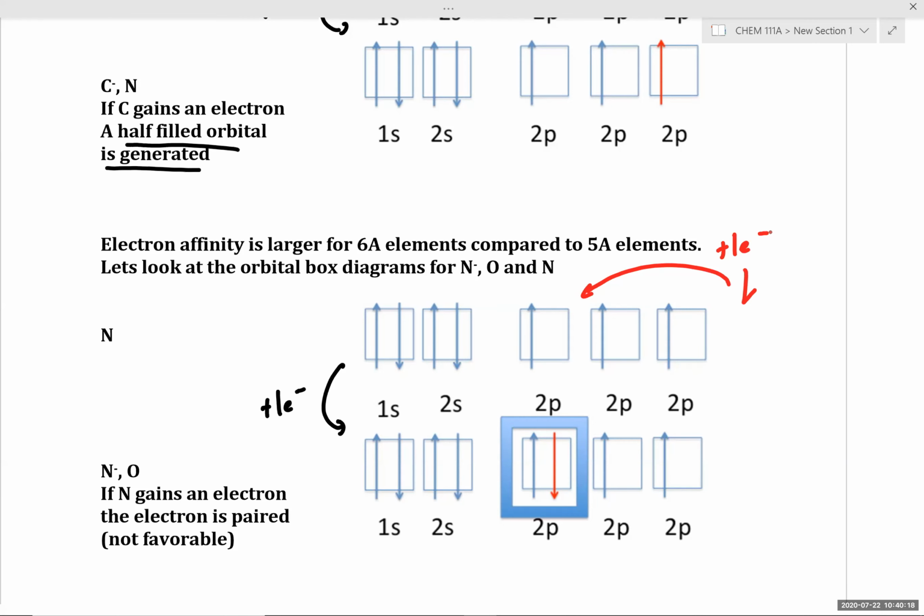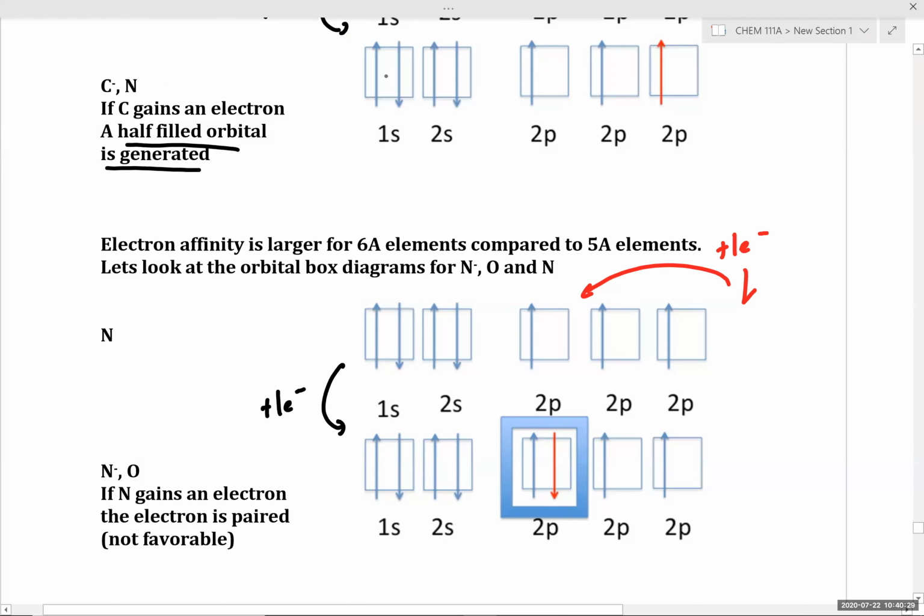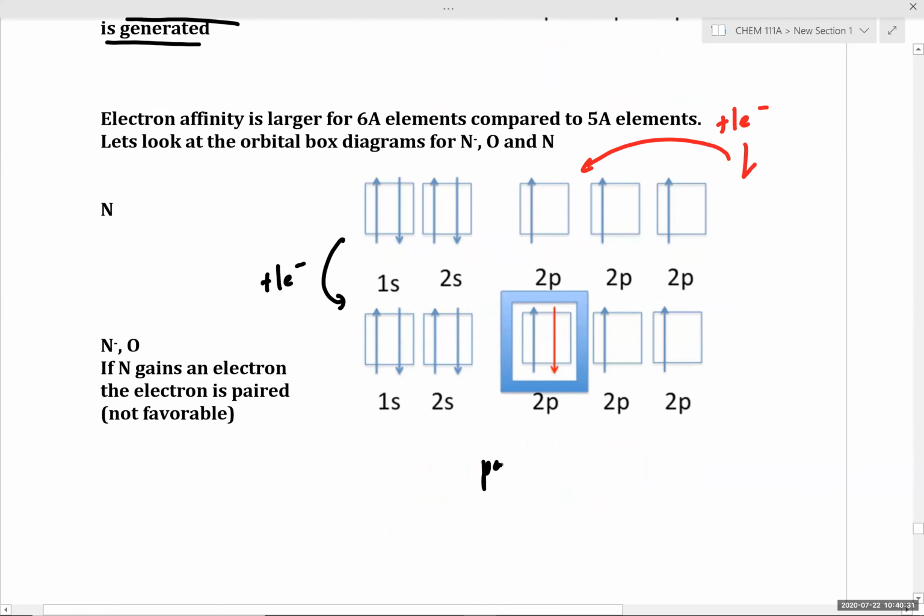What is happening to our added electron? It has to be paired, exactly right. And this is really important because in order to pair electrons, this pairing costs energy. So for the first ionization for nitrogen, if nitrogen gains an electron, the electron is paired, and this pairing process is not favorable.